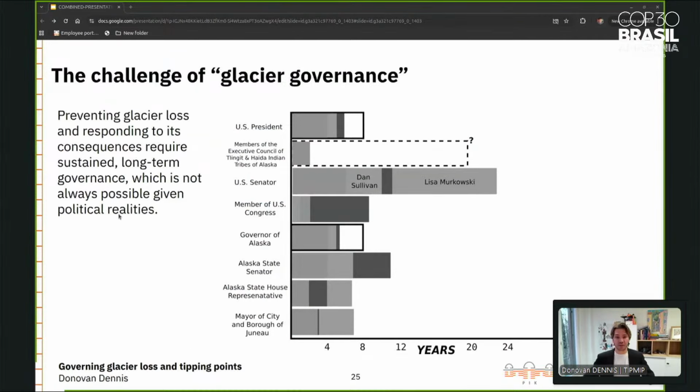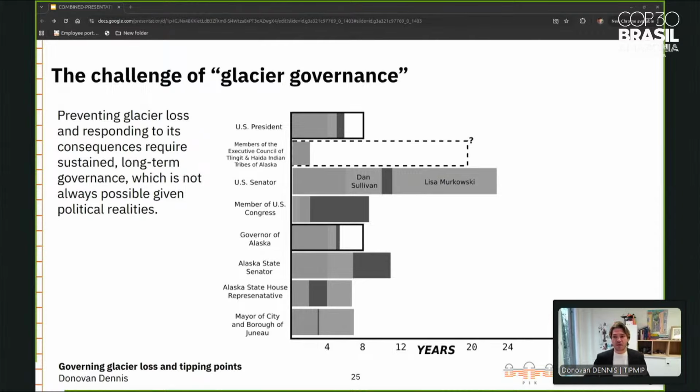The problem with this, of course, is that politicians who serve in elected offices and policymakers often think on much shorter timescales. So these are the lengths of time that some of the elected officials who are responsible for governing the area that includes the Juneau icefield serve, everyone from the US president to the mayor of the city and borough of Juneau.